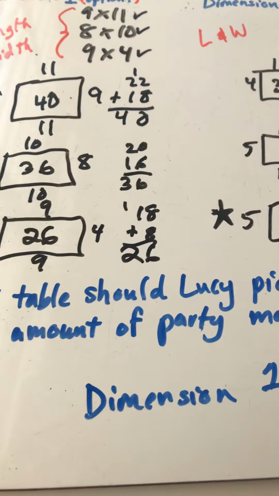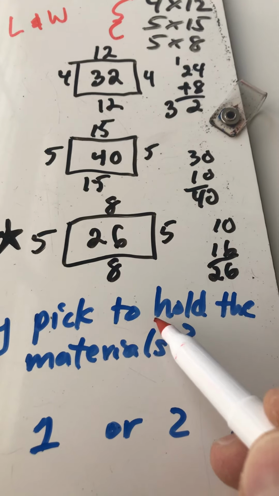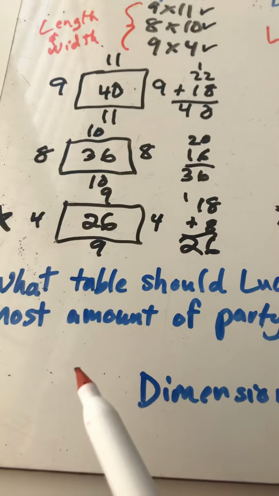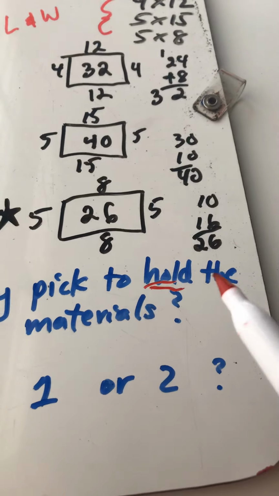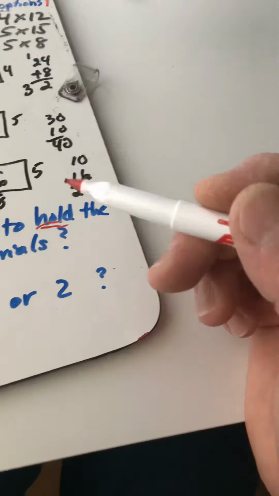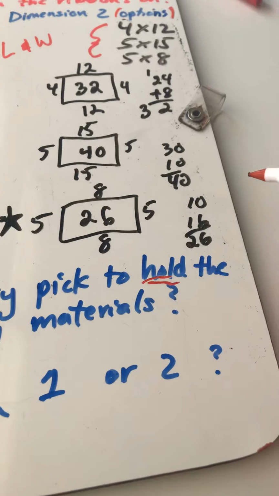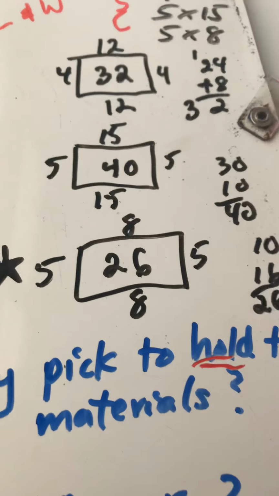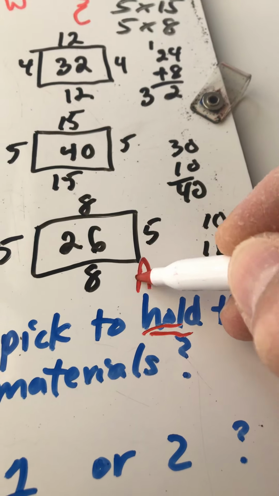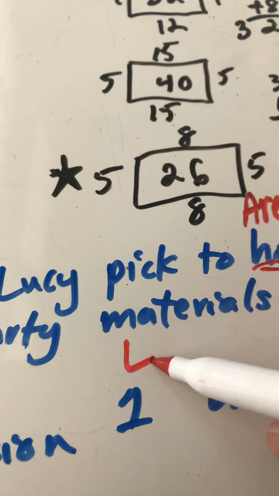It tells me what kind of math I'm doing. That means you're putting all the plates and plasticware and cups and food on the table. So that means we're doing area. And when you do area, you're doing length times width.